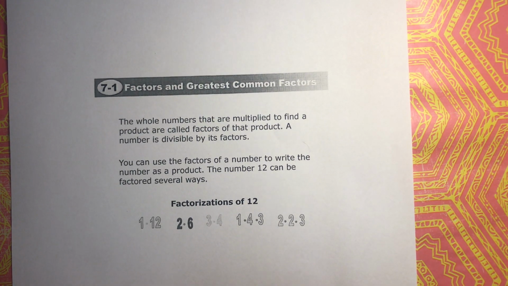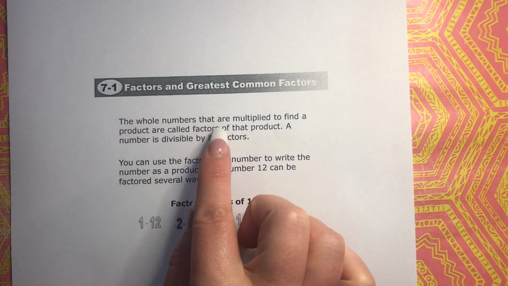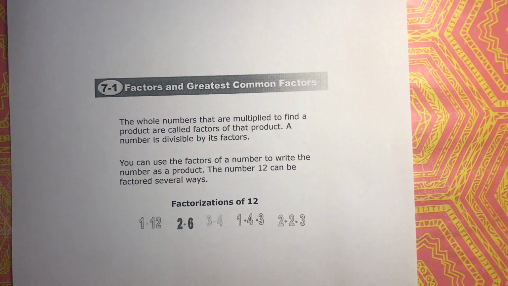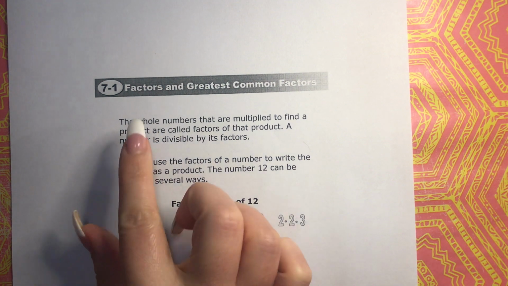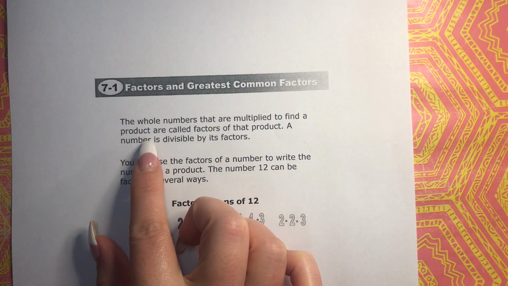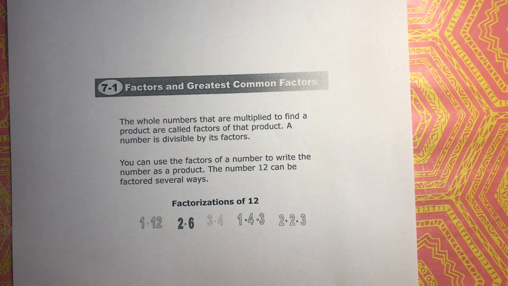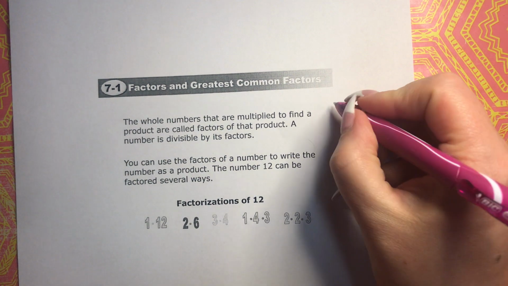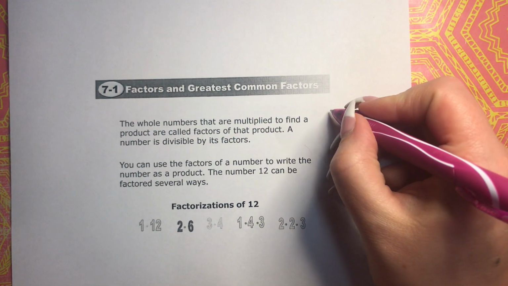The whole numbers that are multiplied to find a product are called factors of that product. Let's read that again. I'm just going to think of two whole numbers that are multiplied, like 2 and 3.